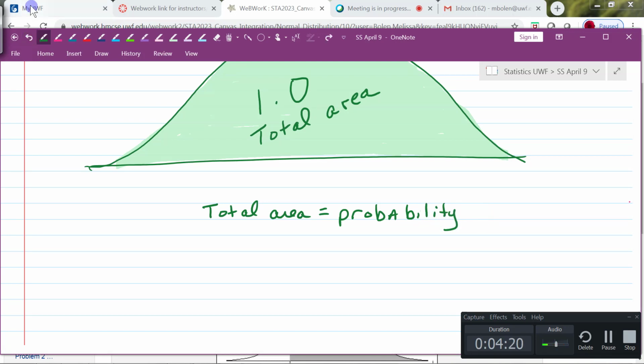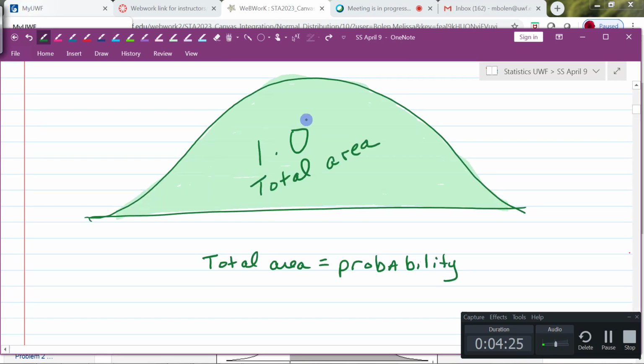I'm just going to say probability, okay? So in this case, if I say my area under the curve is 1.0, then that means if I were to look at the probability of an event happening, and the probability was this whole great green shaded area, then the probability of the event happening is 100%, okay?